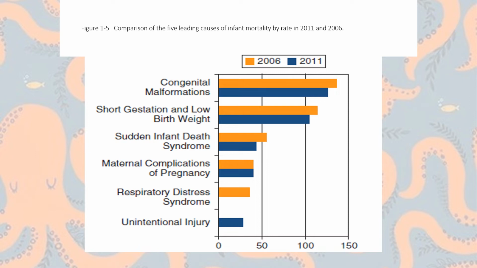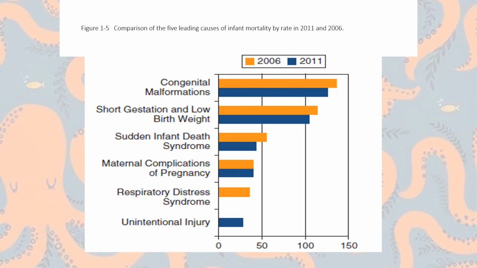In this slide, this is obviously some older information, and that's because the textbook is older. I'm hoping to get the textbook updated soon, but you can see that in the years between 2006 and 2011, we did have a pretty good improvement in the number of kids being born with congenital malformations.